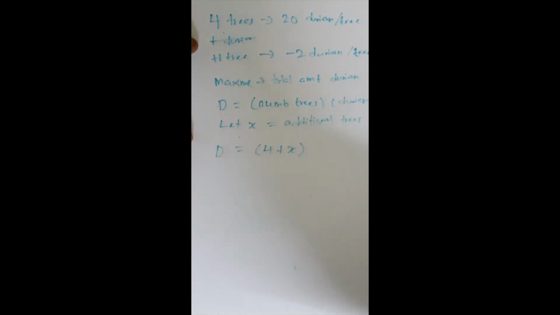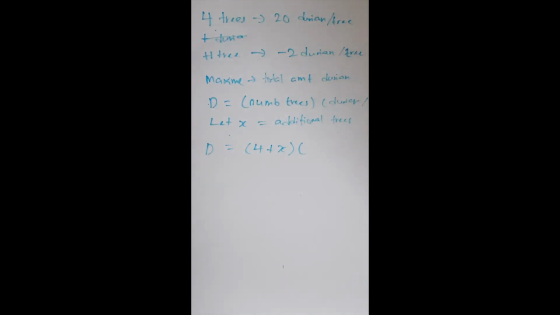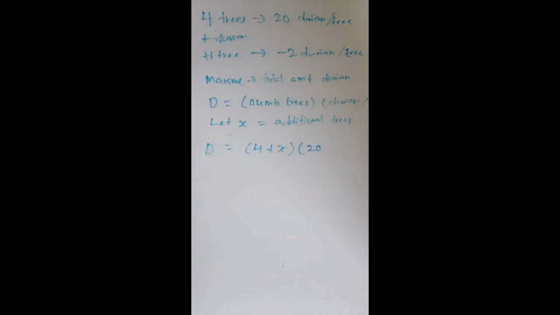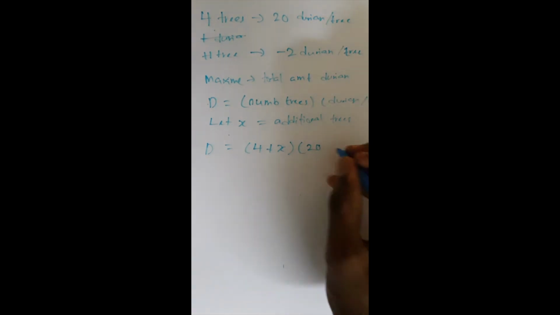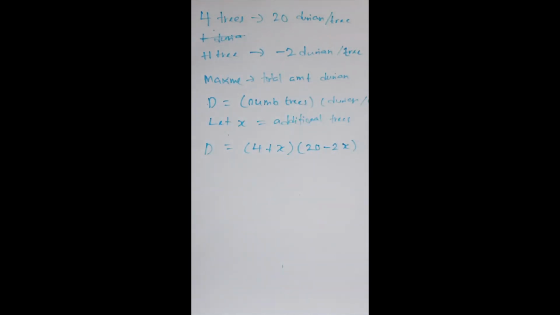This will calculate the number of trees, and then we have another expression, which is durian per tree, and that will be 20 per tree, and every time a tree is added it will minus 2, and we'll add an x behind to represent the multiplication of trees.